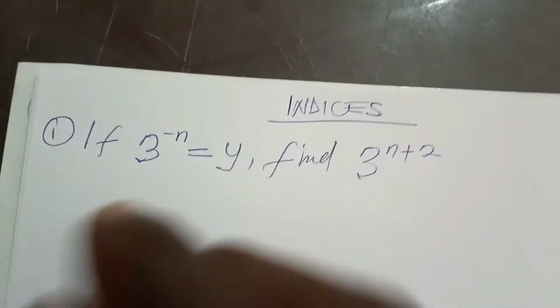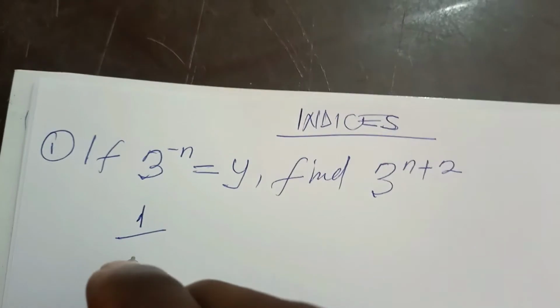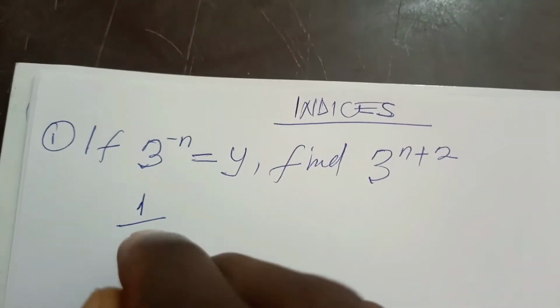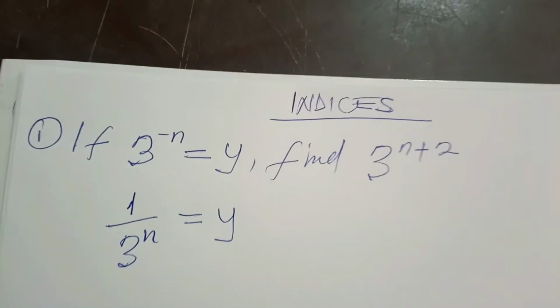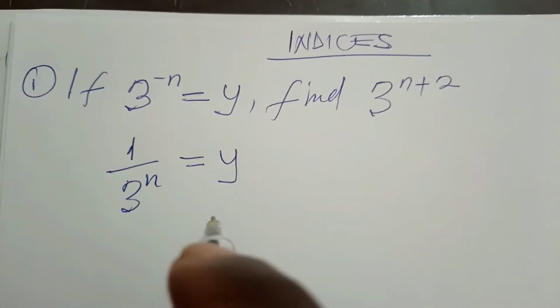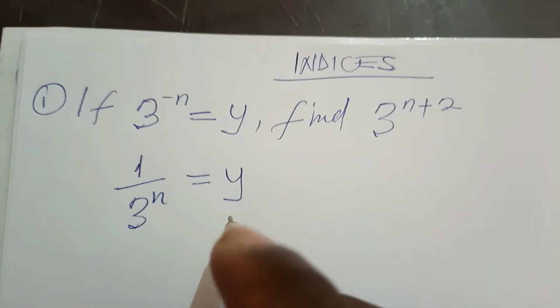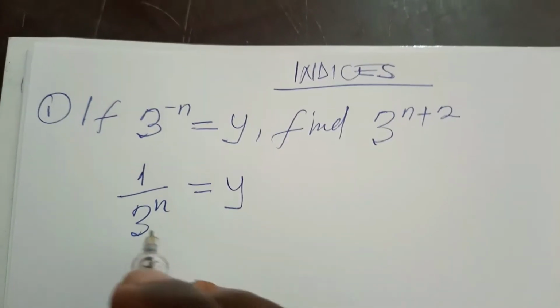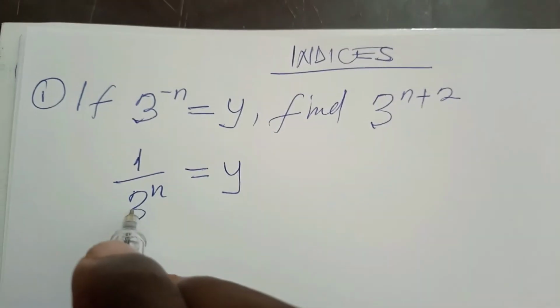From the laws of indices, we know that 3 exponent negative n is the same as 1 over 3 exponent n, and they said that is equal to y. Now we want to make 3 exponent n the subject so that we can put it wherever we see it. So we are going to cross multiply. So 3 exponent n will come here to multiply this, and y will divide to come here.